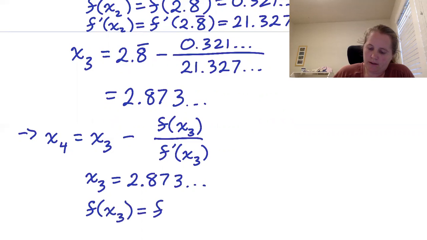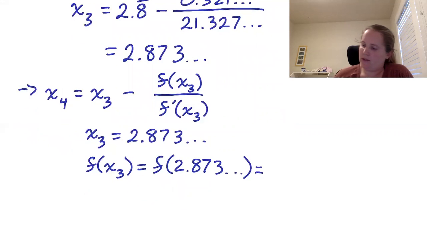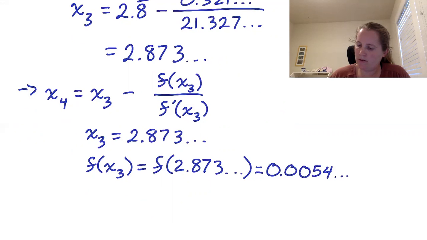We're looking at f of 2.873, which is 0.0054.